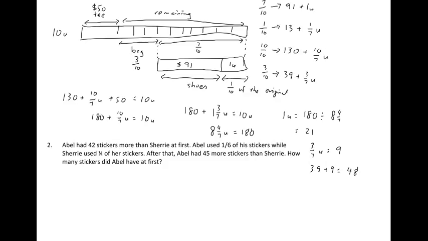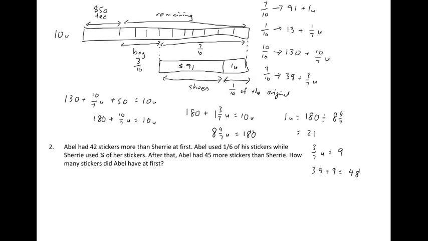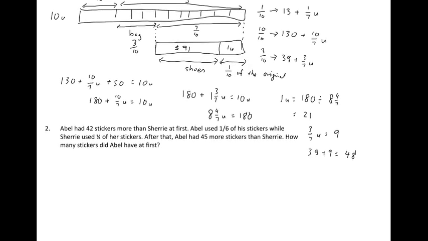But we want the ratio of t-shirt to bag. So the ratio of t-shirt to bag is actually 50 is to 48, which is 25 is to 24. Okay?